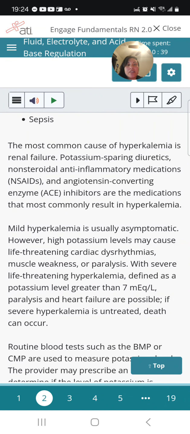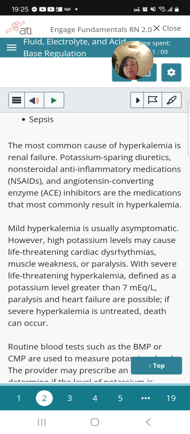The most common cause of hyperkalemia is renal failure. Potassium-sparing diuretics, non-steroidal anti-inflammatory medications or NSAIDs, and angiotensin-converting enzyme, ACE inhibitors, are the medications that most commonly result in hyperkalemia.